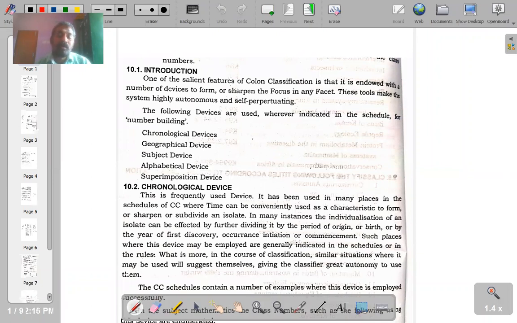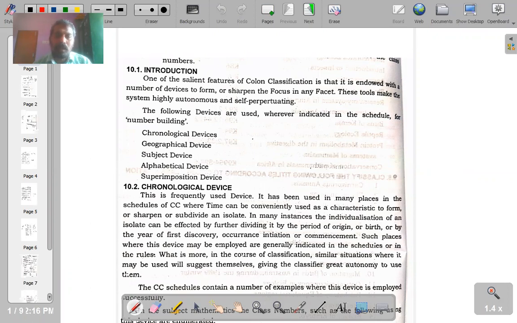See, Ranganathan has called his classification a freely faceted classification. It is an analytico-synthetic scheme. That means we are not going to get ready-made numbers for all the subjects, all the titles.